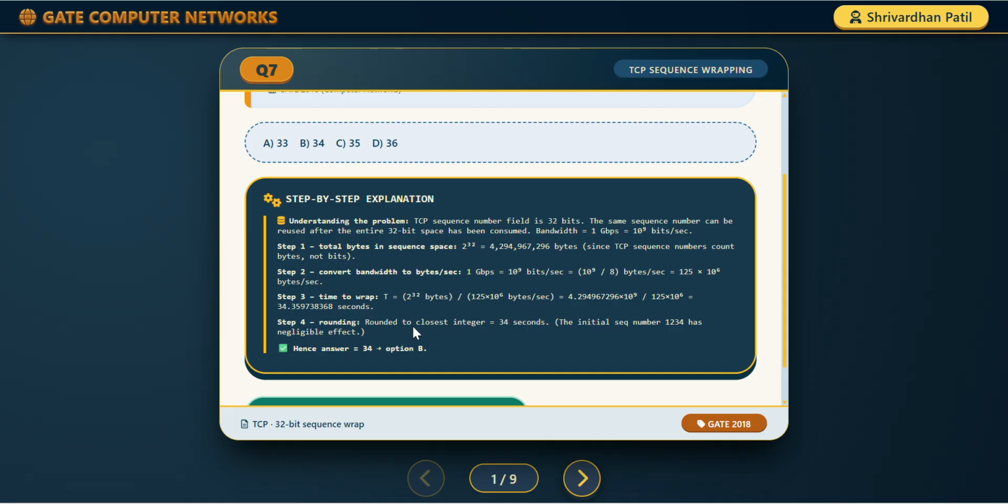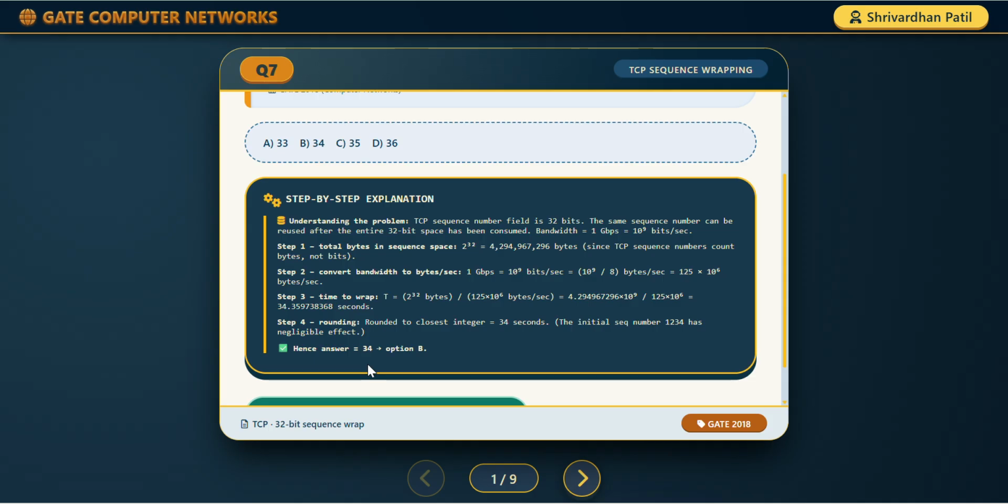Now the data rate is 1 Gbps, equal to 10 raised to 9 bits per second. So we need to convert that sequence bits into bytes, which is equal to 34.32 into 10 raised to 9 bytes.